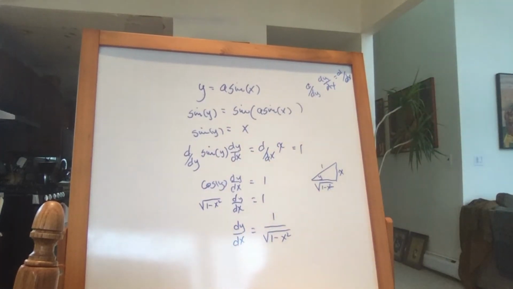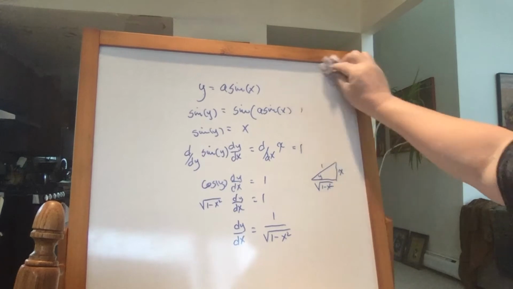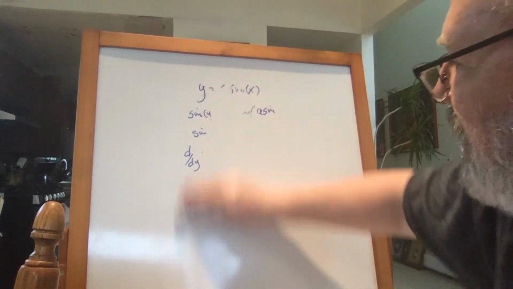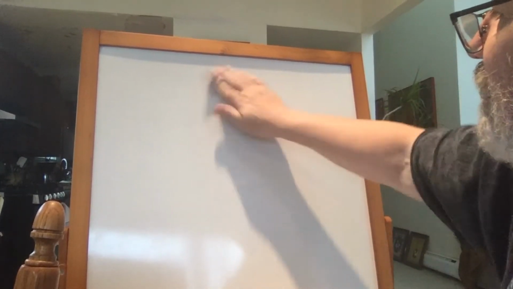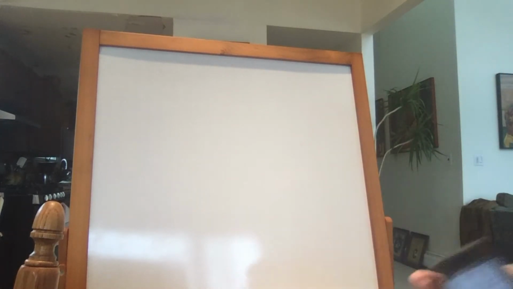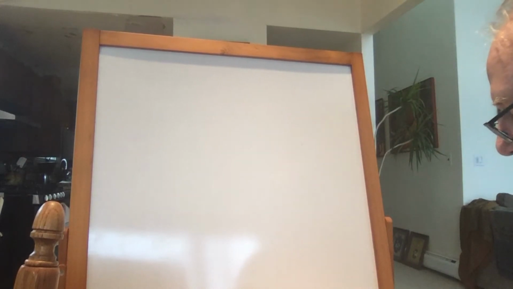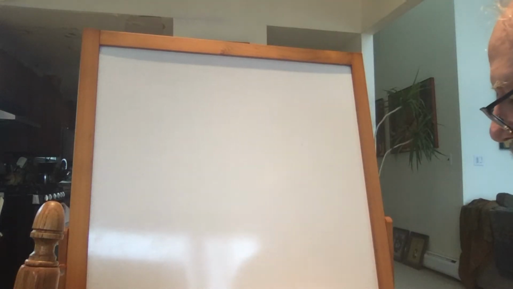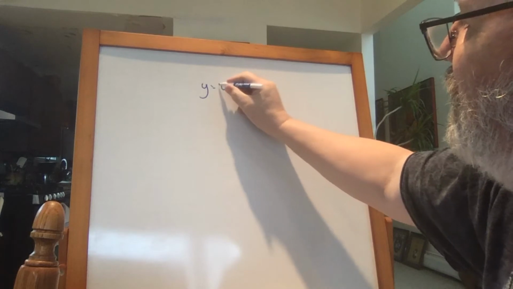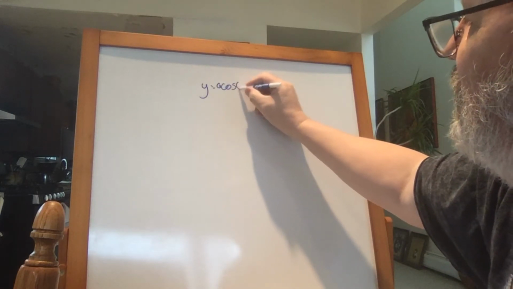We do the same thing for the cosine function. I know I did this. It doesn't hurt to repeat. Sometimes it's good to do it a couple of times. That way you get to see the flow of it rather than me just trying to figure it out. Okay, so we've got y equals arc cosine of x.